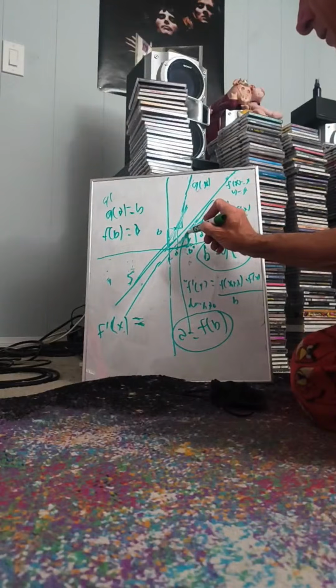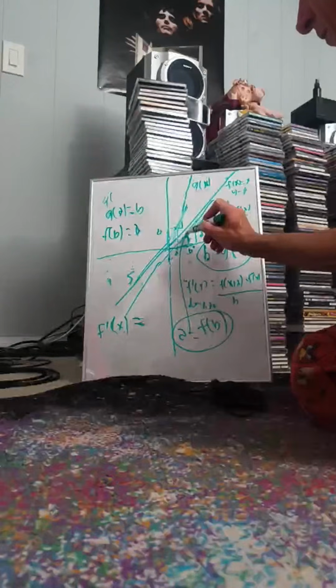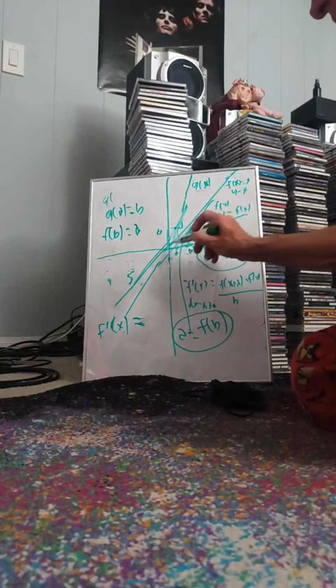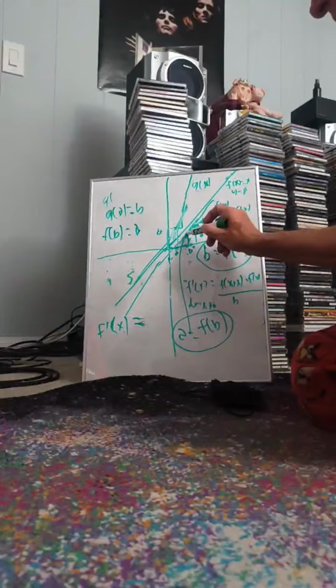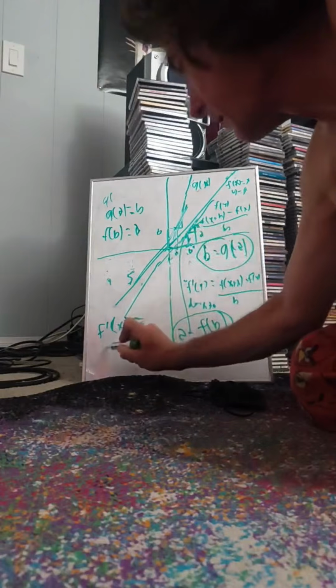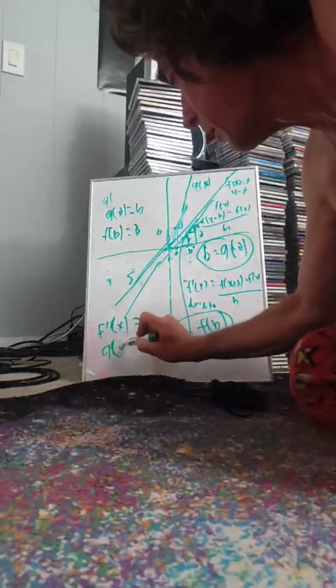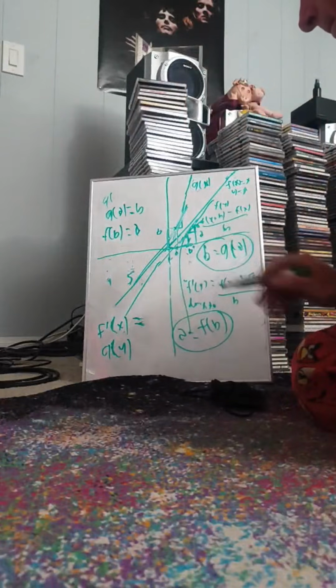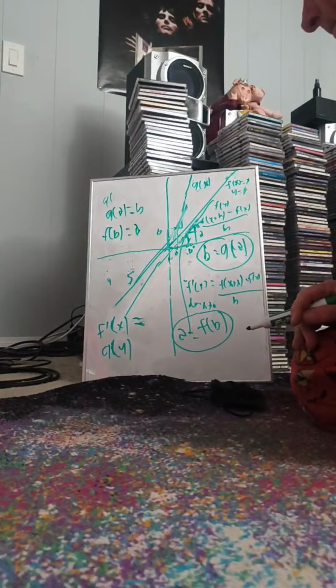I get it. If this is x, this is y. If this is y, this is x. See that? So if f of x is y here, then g of y equals b.